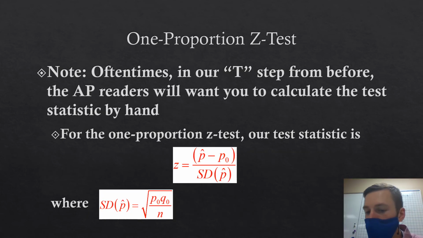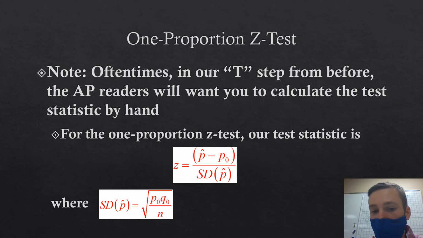So this is just one quick note here. I don't stress too much about, so I mentioned in the previous one, there's T, that stands for test statistic. There is a way that we're capable of calculating that by hand. The AP exam has slowly shifted away from that expectation, but I will show you guys in class how to find that test statistic. Luckily, it's super easy.